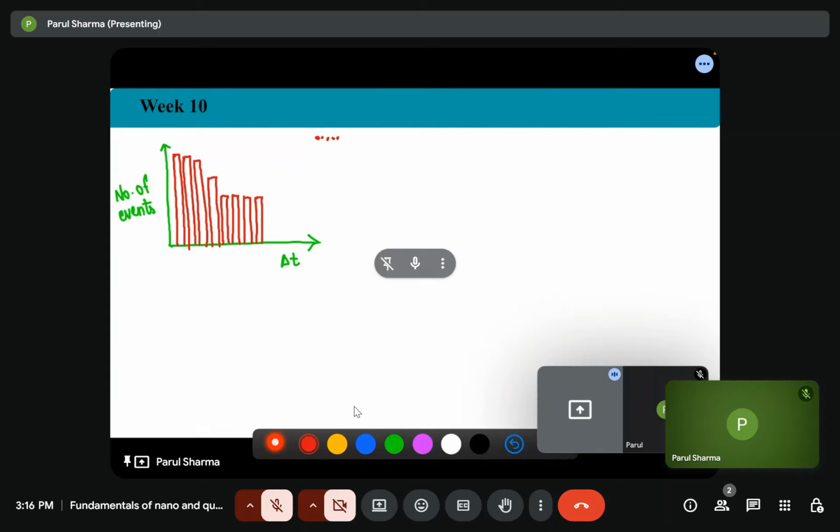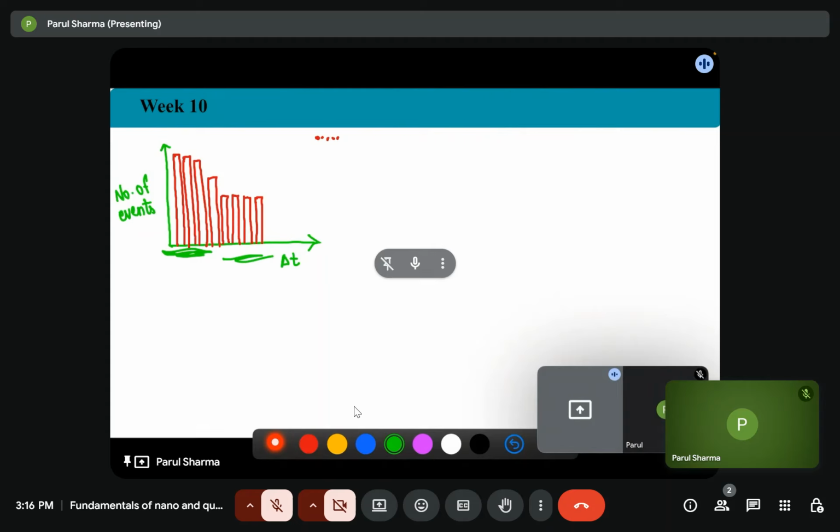So when we look at a small time gap, the photons are bunched. But when we are looking at long time intervals, some photons will always be there for every set of time intervals.